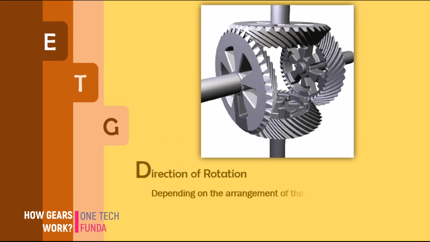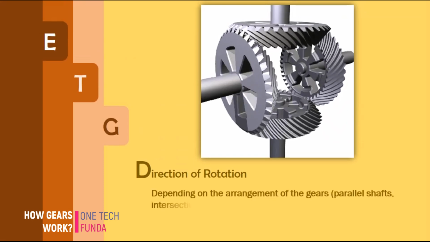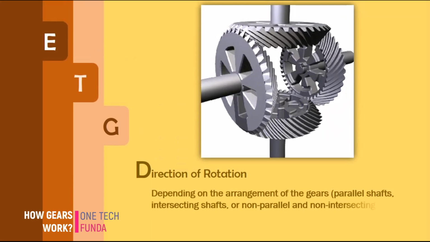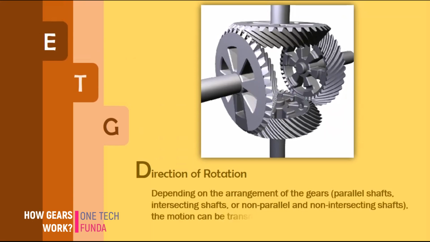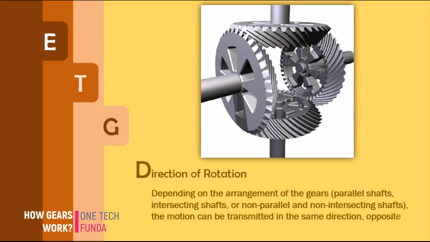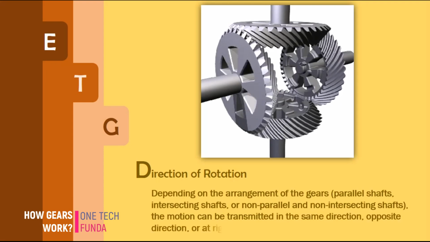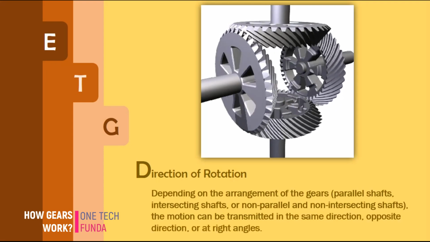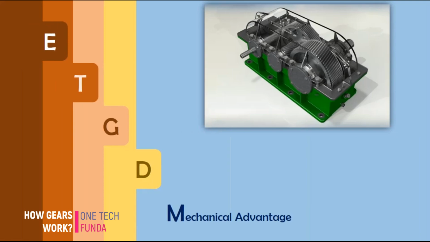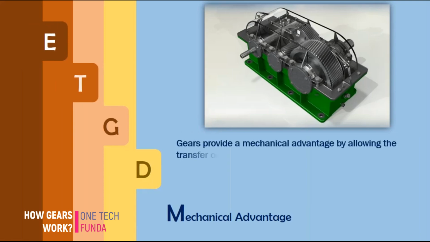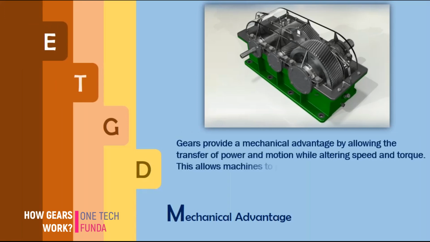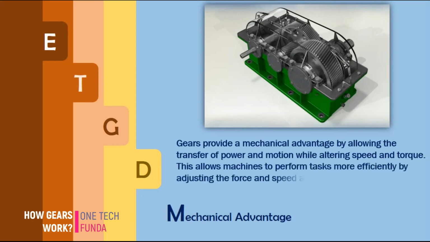Depending on the arrangement of the gears, parallel shafts, intersecting shafts, or non-parallel and non-intersecting shafts, the motion can be transmitted in the same direction, opposite direction, or at right angles. Mechanical advantage. Gears provide a mechanical advantage by allowing the transfer of power and motion while altering speed and torque. This allows machines to perform tasks more efficiently by adjusting the force and speed applied to different components.